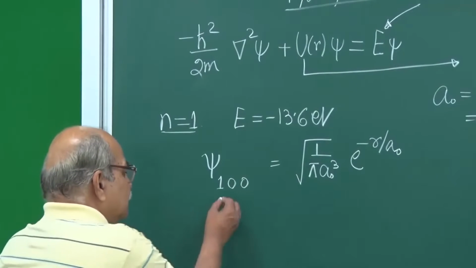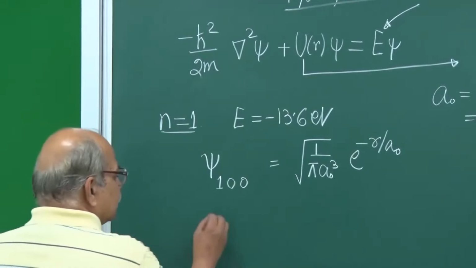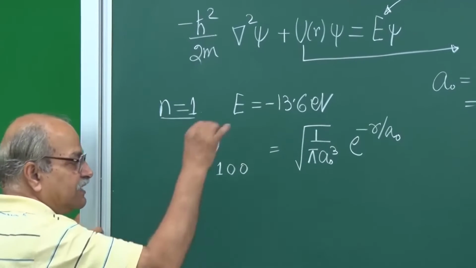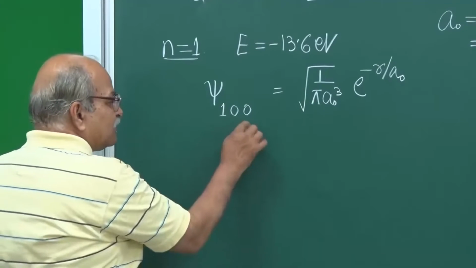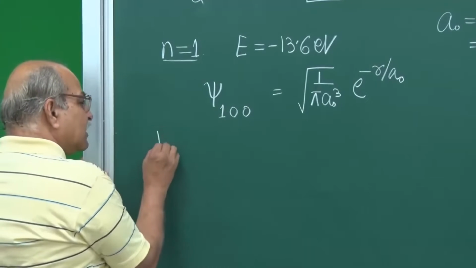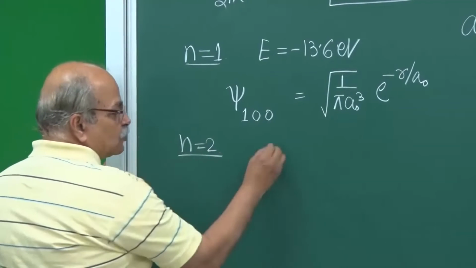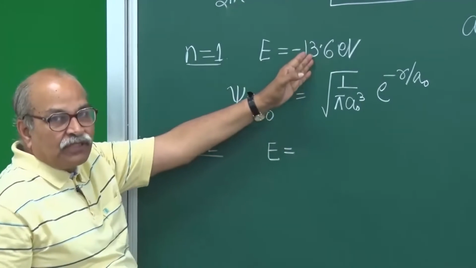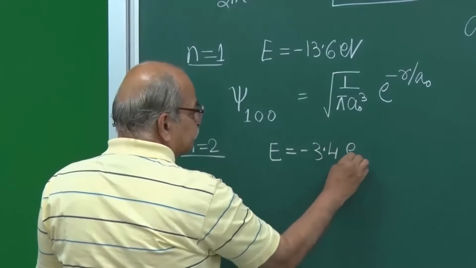Now these three digits that I have written here are in fact three parameters in terms of which these wave functions are described. I'll tell what those parameters are, but let's first go for n equal to 2. For n equal to 2, E will be this divided by 4, so it is minus 3.4 eV.